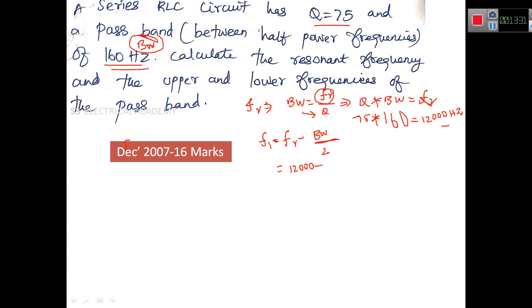Bandwidth is equal to 160, 160 by 2 is equal to 80, which gives 11,920 hertz. Next, the upper cutoff frequency F2 is equal to FR plus half of the bandwidth, which is equal to 12,000 plus 80, which is equal to 12,080 hertz.